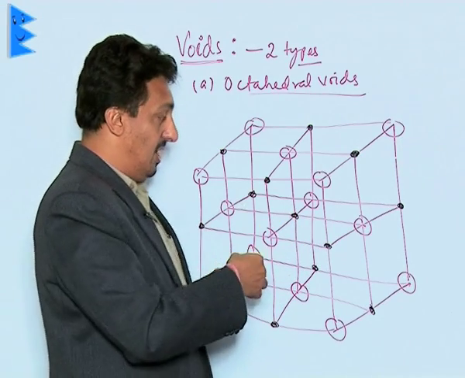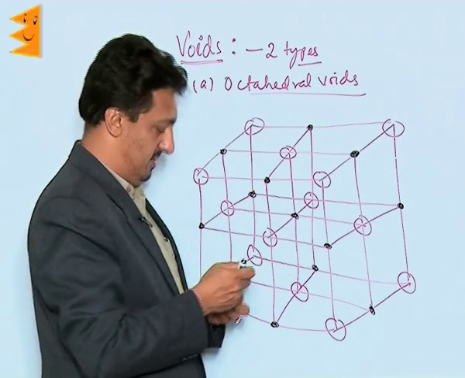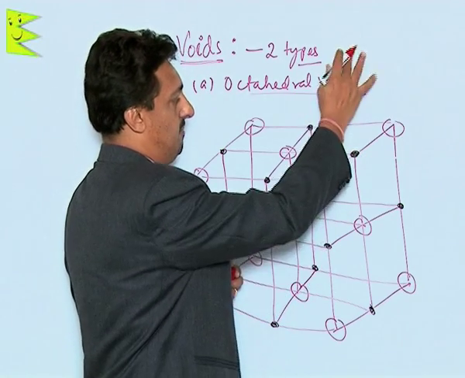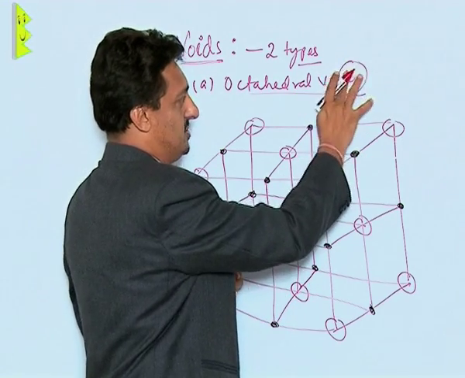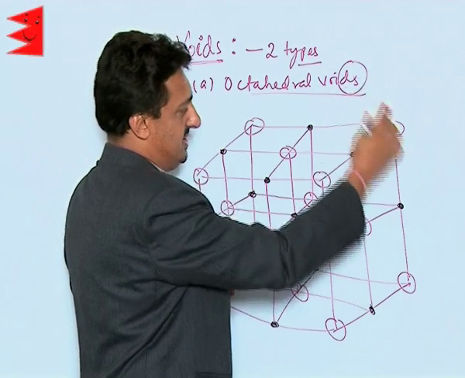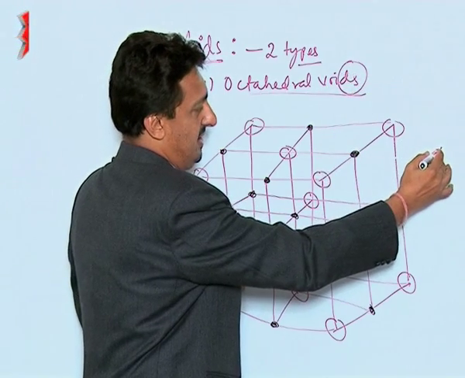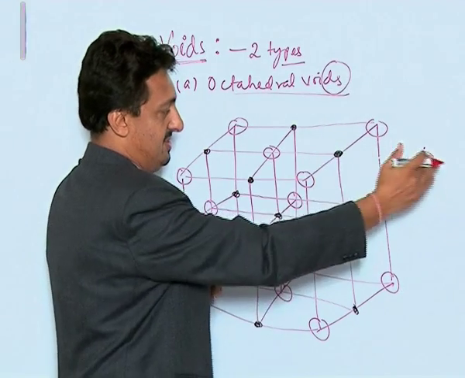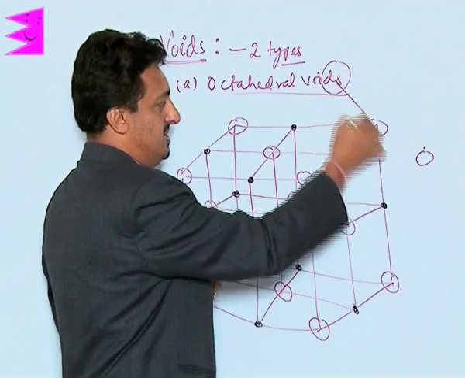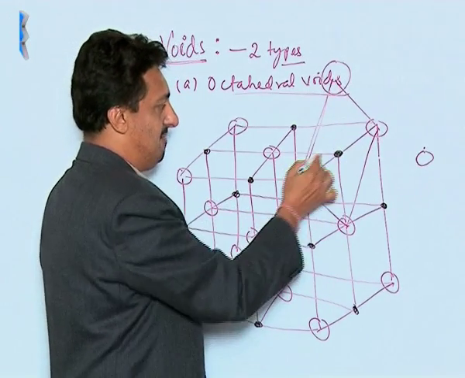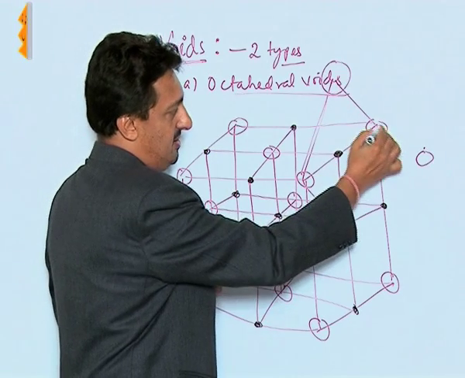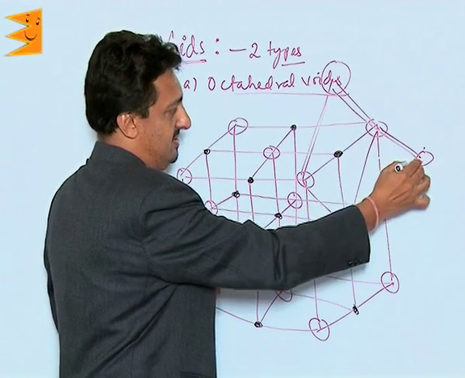Let me show you how this edge center is an octahedral void. Definitely, if this is one unit cell, we will be having another unit cell at the top, which will be having this particle, suppose, at the center of its face, and similarly, we will be having one particle here, which is actually at the center of the face lying on this side. So you can make out this black colored particle is in the center of these 4 particles, which will be in contact with this particle lying here.